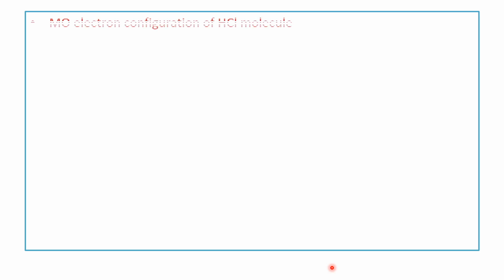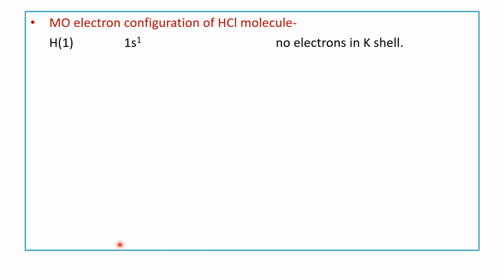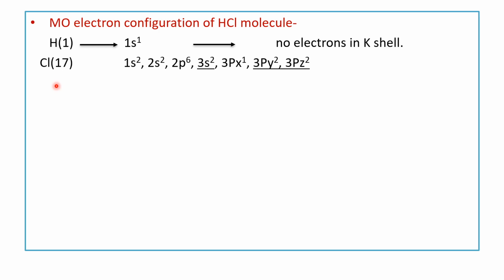Okay. Then let's see the MO electronic configuration of the HCl molecule. For that, we have the hydrogen with atomic number 1, which means the electronic configuration is 1s1. Now, this 1s1 electron is used for the bonding. Hence, we can say that there are no electrons present in the K shell from the hydrogen atom. Whereas for the chlorine atom with atomic number 17, this is the electronic configuration.